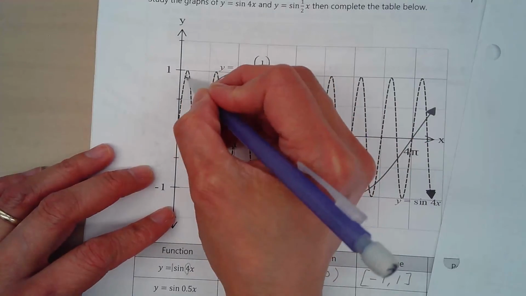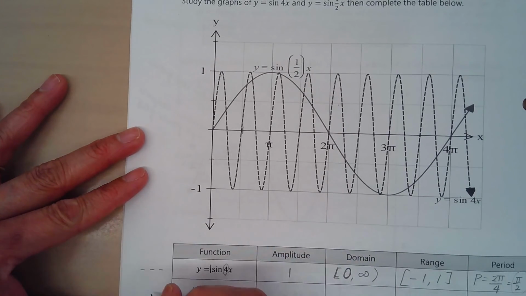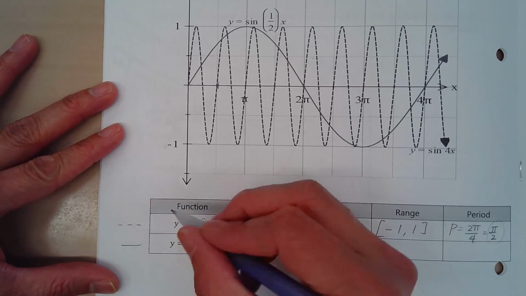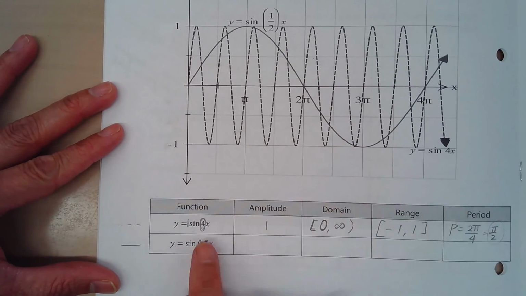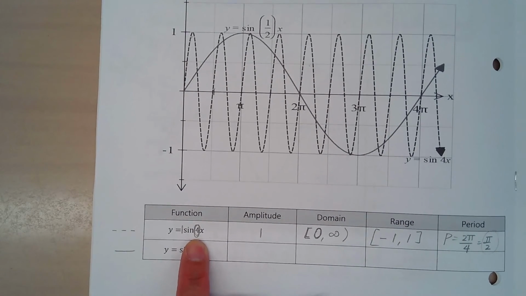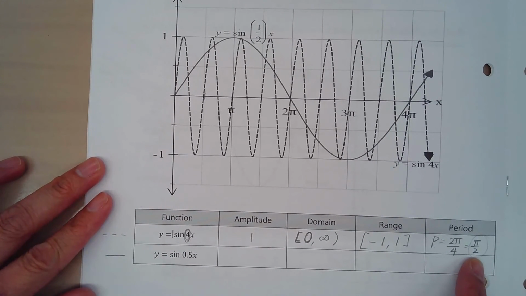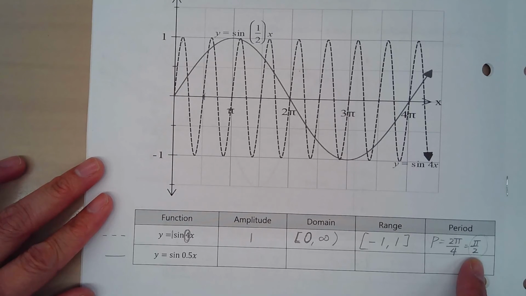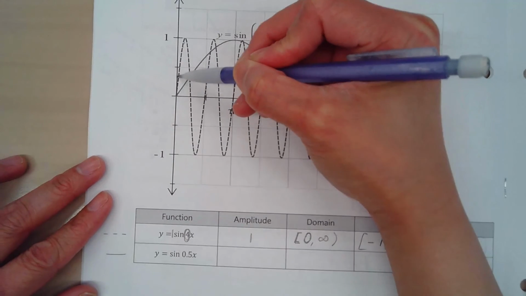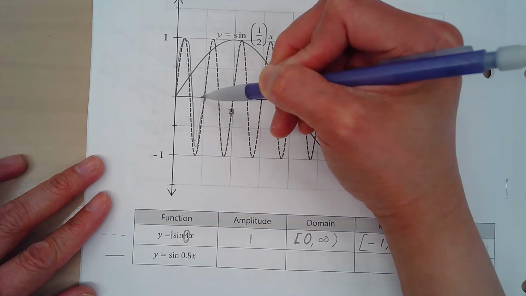This dashed is the little dash, and then this is the solid. So this means you're going to have four waves in a span of 2 pi. So one cycle is pi half. This is one cycle right there.